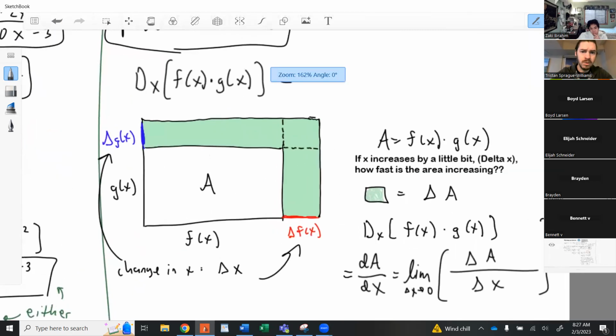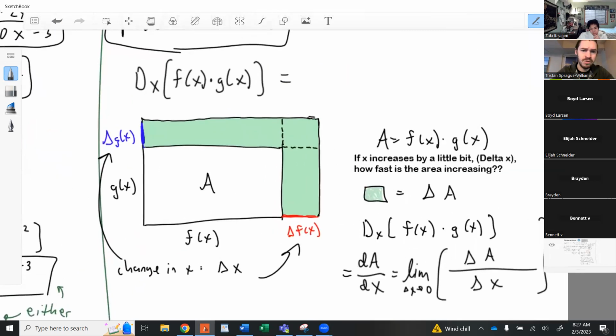Just looking at widths and lengths, we've got f of x times delta g of x. So here's f of x times the change in g of x. And then down here, we have the opposite: the change in f of x times the regular g of x.